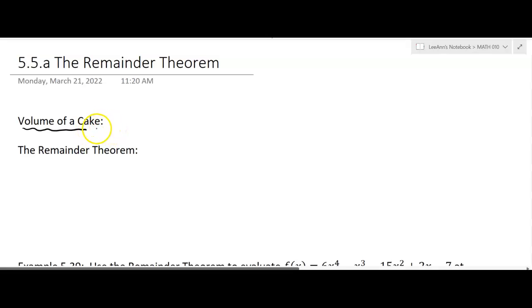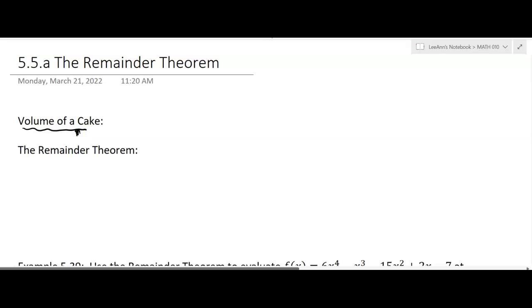But they want you to understand that these problems we're working on, in this section we're going to be finding zeros of a polynomial, that can be applied to something like the volume of a cake or a swimming pool or something else. Those are higher degree polynomials that we might be working with. And we'll actually do this problem about the volume of a cake in the last video for this section.